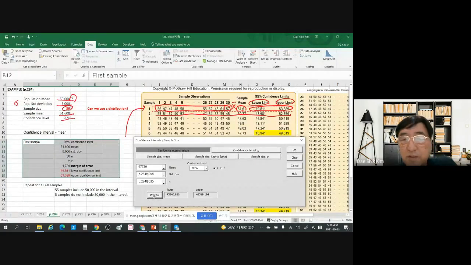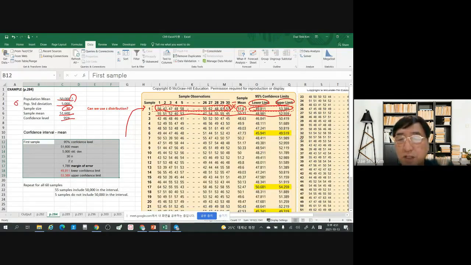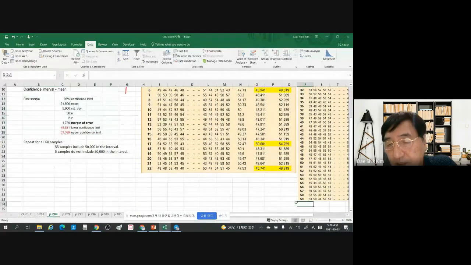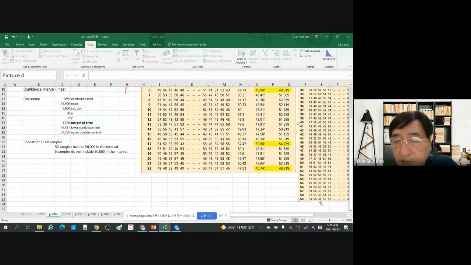Preview. 49,940 lower. Upper is 49,519. We will continue after all 60 samples. Okay. Number 60 is cut off. The textbook has 60. When I copied and pasted, one number was missing.